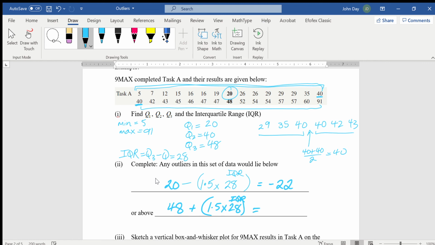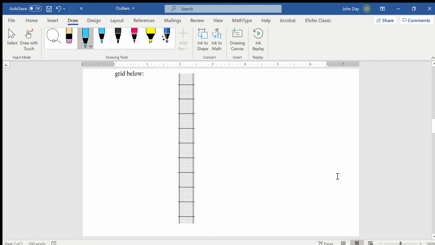You're only allowed to go up to 90. Otherwise, you're an outlier. So look at that, 91 is an outlier. Now, what's the next highest score then? Yeah, 60. So your whisker is only able to go up to 60, and 91 is going to be a cross on your diagram. All right.